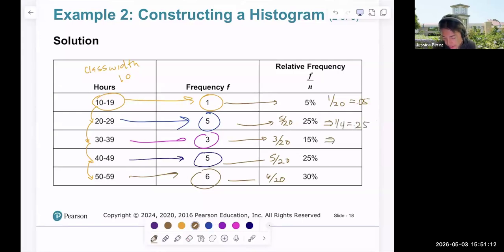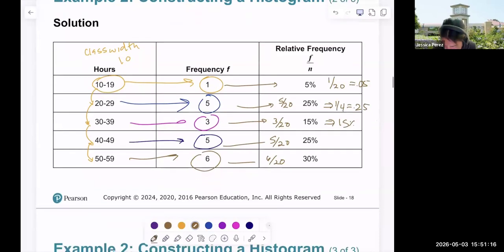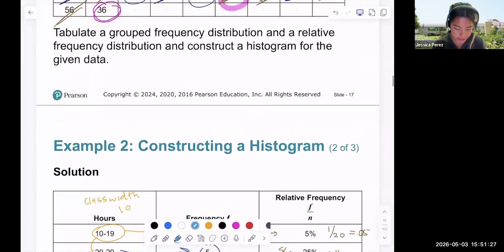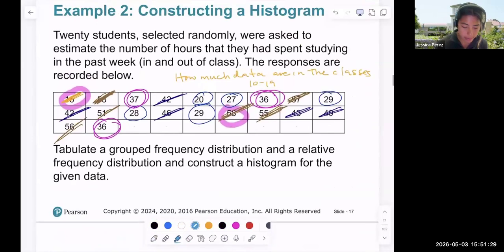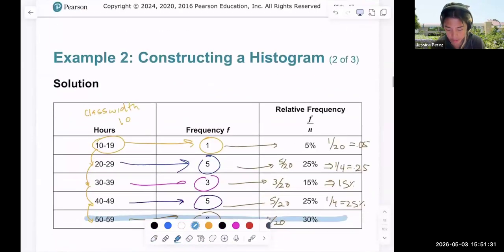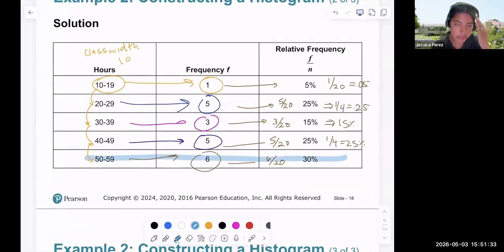And then again, this is 15% or 0.15. And then again, 5 out of 20 is 1/4 or 25% of the data. And then 6 out of 20. So then most likely it's going to be 50 to 59, the number of hours that people are studying, 50 to 59.